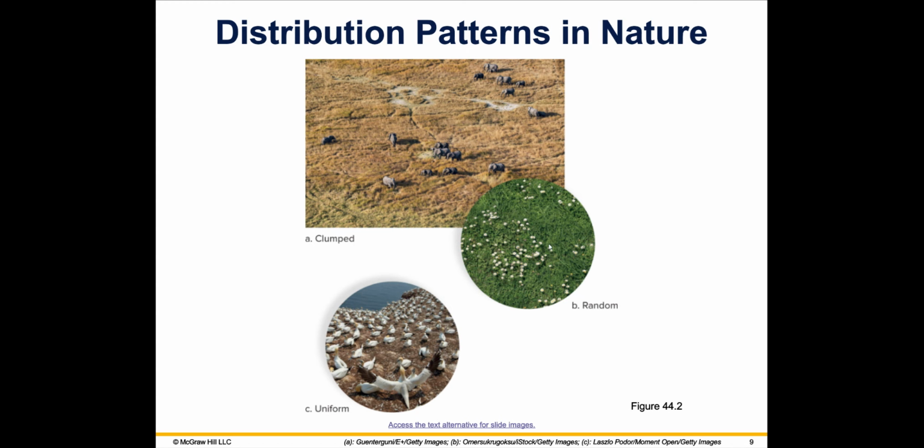Meanwhile, we might have random, where it's not clumping around one resource, but it's also not spread out perfectly evenly. And then uniform is an exactly perfect space between each living thing. They all have their food, water, shelter, and space, and they are staying in that very uniform pattern.